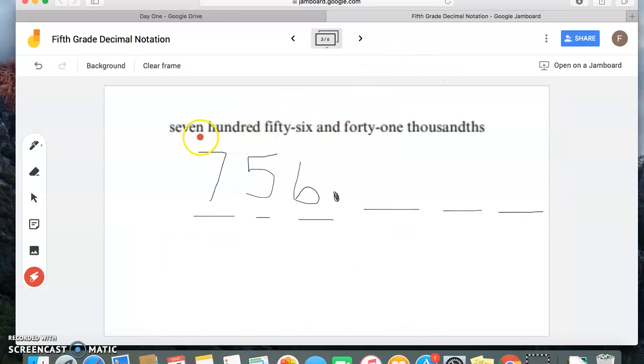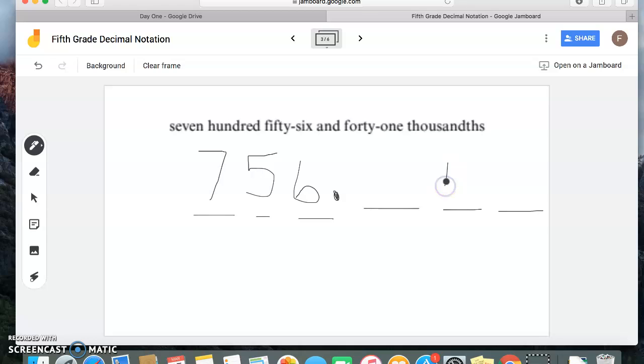Now here we have 756, which I just started writing. I hear that and, which means I have a decimal point. Then my next step says 41 thousandths. That thousandths means I'm going to have 3 digits after my decimal point. But 41 is only a 2-digit number, but I still need to have it end in my thousandths place.